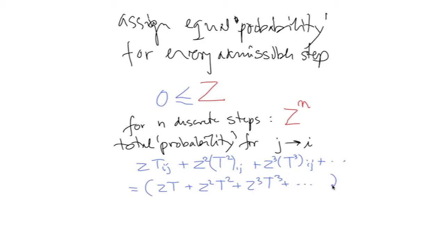It turns out that what you care about is actually infinite behavior, but this is a geometric series, so I can write z t over 1 minus z t. I can sum up. Remember, with matrices, I can do everything that I can do with real numbers. Ij.